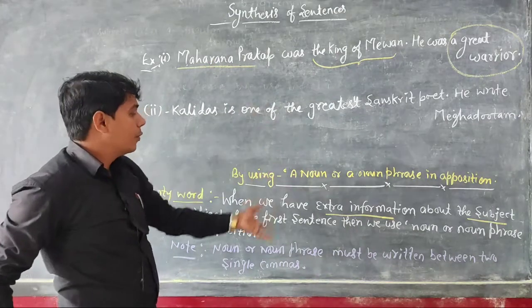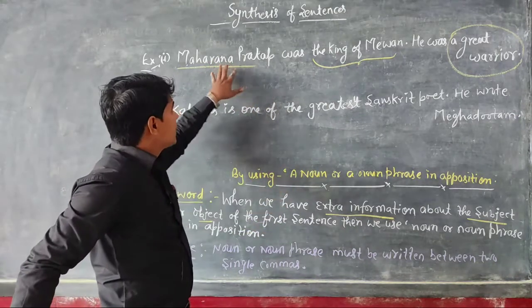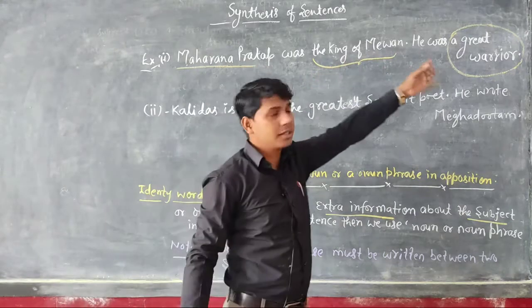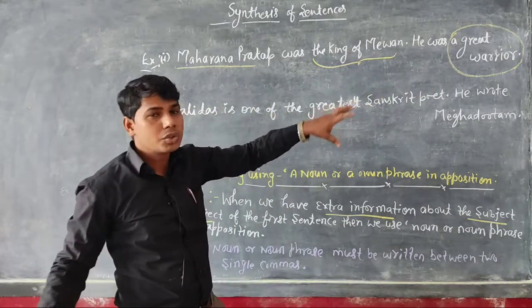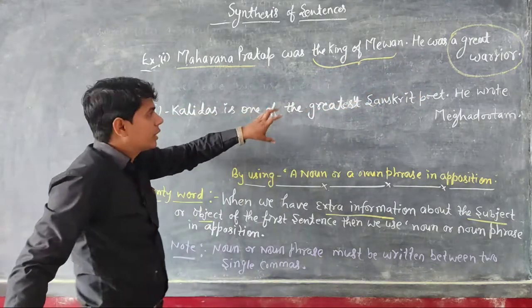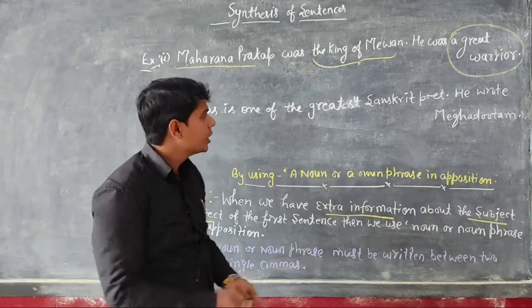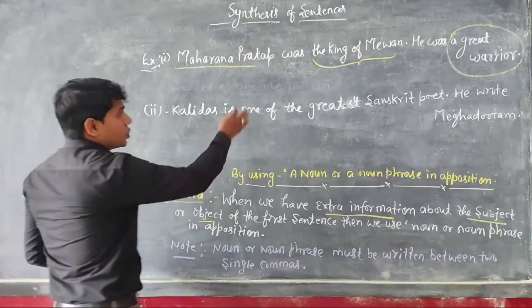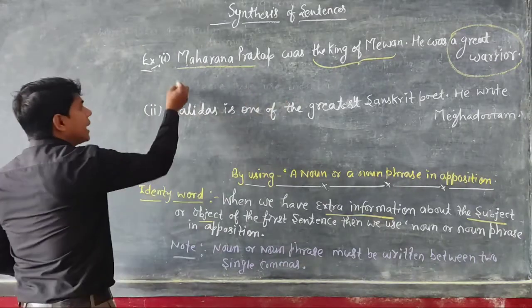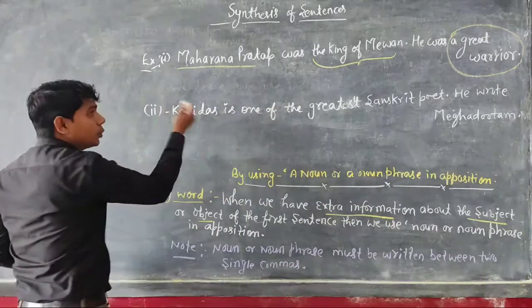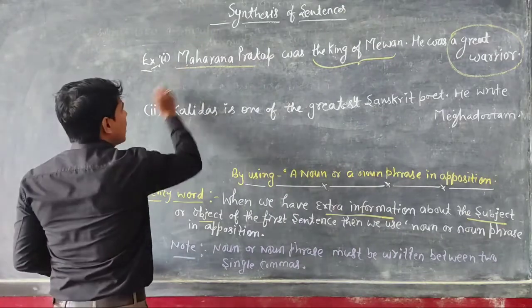When about the subject we have extra knowledge in other sentences, those sentences are joined by the help of a noun or noun phrase. When you join these sentences, first you will write the main subject, the main noun we are talking about, Maharana Pratap.